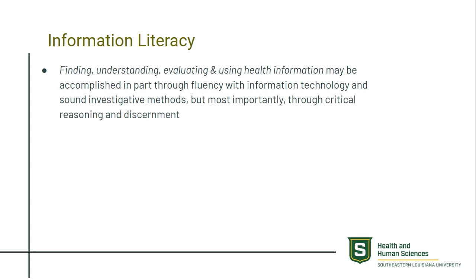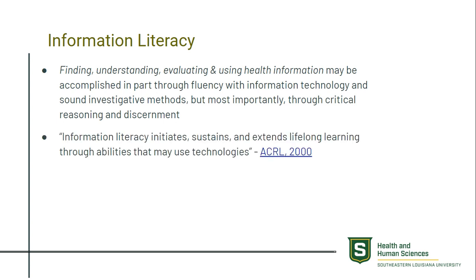So as you can imagine, information literacy is on a higher level than health literacy, because in this case, you're having to actually investigate. You're finding, understanding, and evaluating health information. So it's happening at a much higher level.